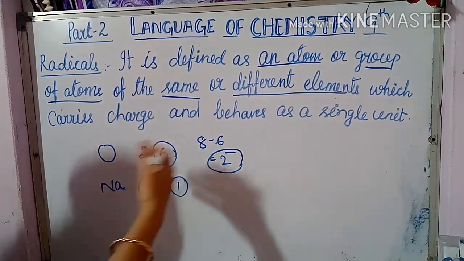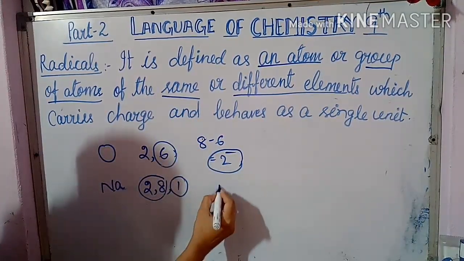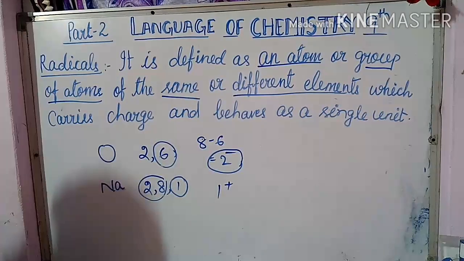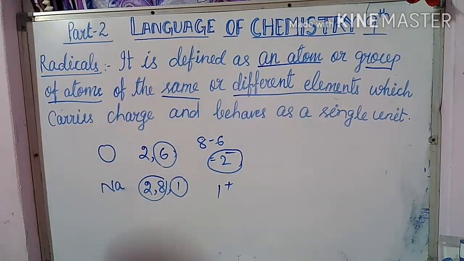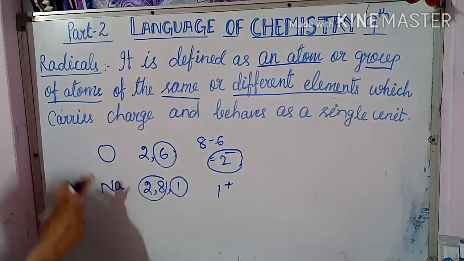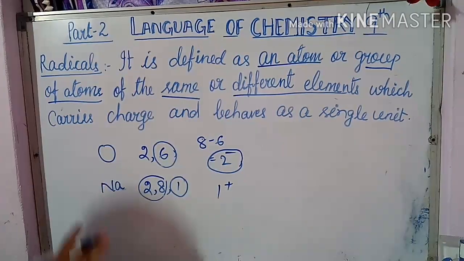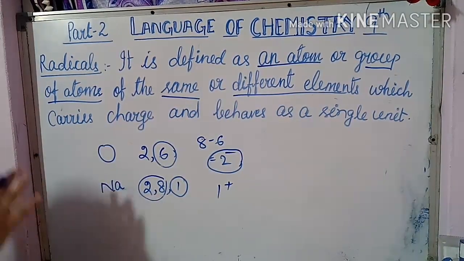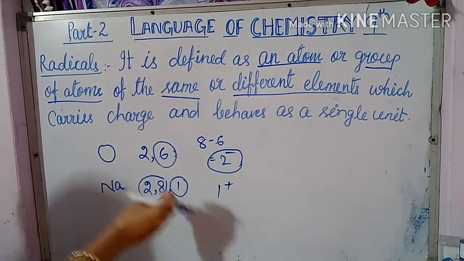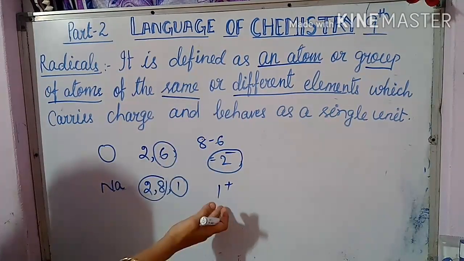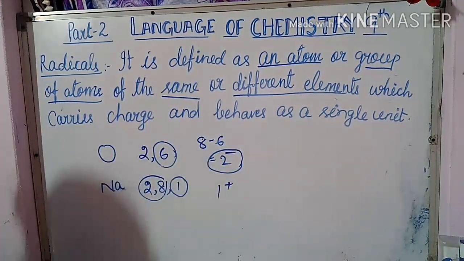As Na is donating, its valency is 1 plus, and it is known as an electropositive radical, and it is also a single atom. Already you have learnt what electropositive, electronegative, anion and cation are. This is known as the cation, this is known as the anion.